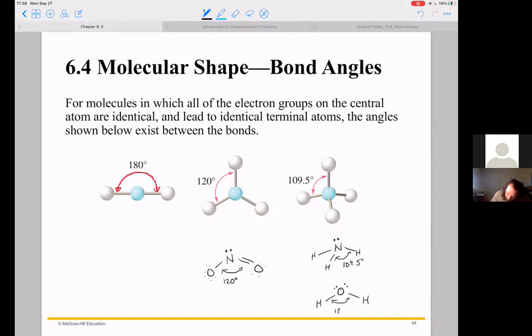So this bond angle is also 109.5 degrees. So the bond angle is dependent on the electron geometry. The electron geometry will tell you the angle between those different electron groups, which then will tell you the bond angle once you get to the molecular geometry.